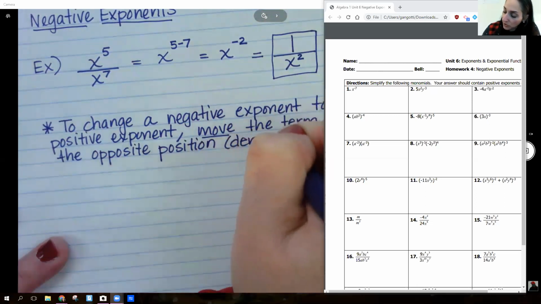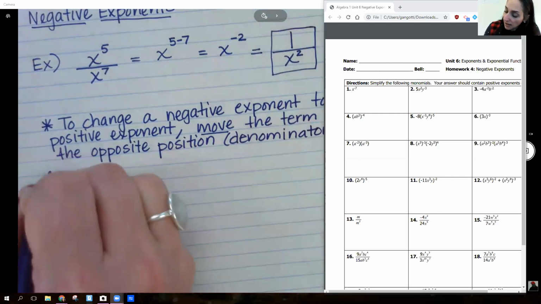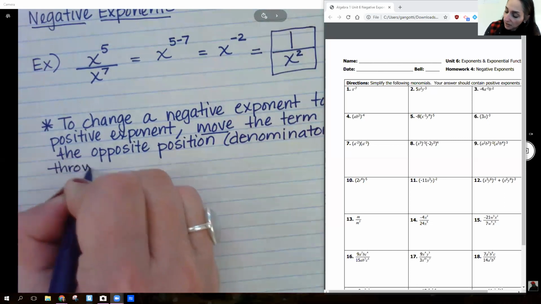We move it down to the denominator and throw away the negative.